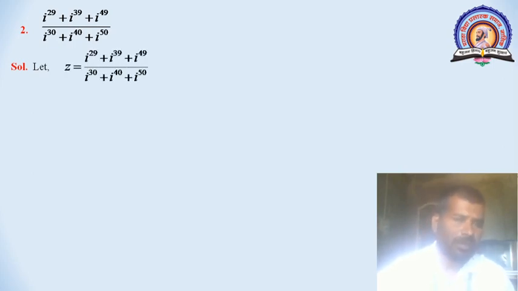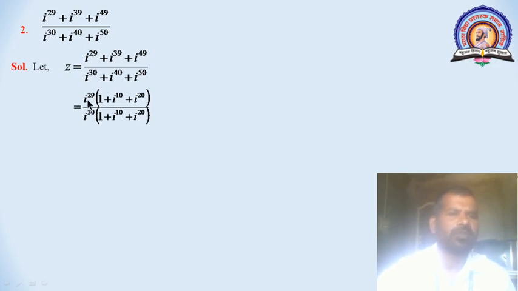Our next example is (i^29 + i^39 + i^49) upon (i^30 + i^40 + i^50). In a similar manner as the previous example, we take the lowest power of i from the numerator, that is i^29, and the lowest power of i from the denominator, that is i^30, common.